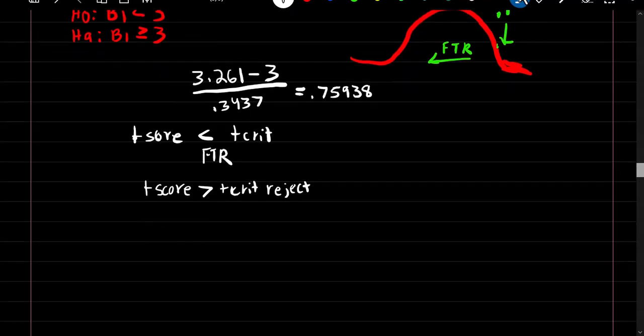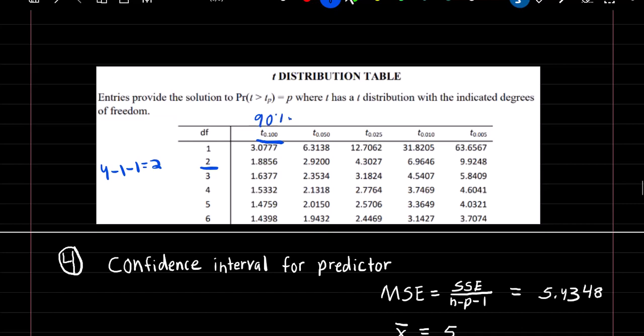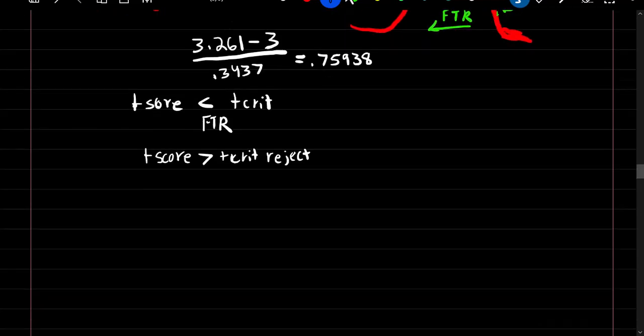So let's find our critical value. So the degrees of freedom is still going to be 2, 4 observations minus our 1 predictor minus the intercept, and then we're using a 90% confidence interval. So we're going to get a critical value of 1.8856.